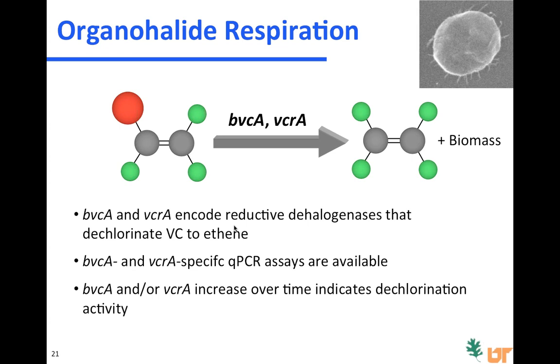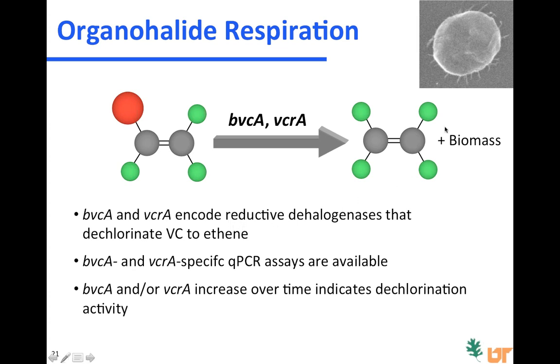Keep in mind that these organisms can only grow at the expense of these chlorinated compounds as electron acceptors. They can't grow in any other way. So if you have vinyl chloride plumes and you see an increase in Dehalococcoides with these bvcA and vcrA genes, you can conclude that they must grow at the expense of vinyl chloride reductive dechlorination.